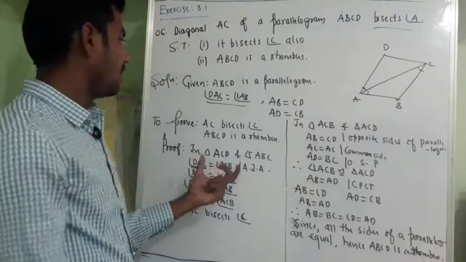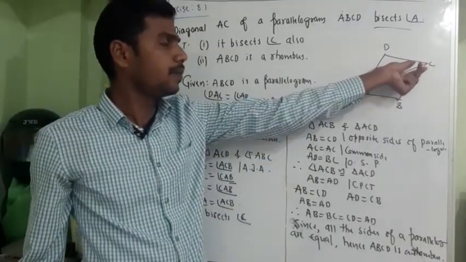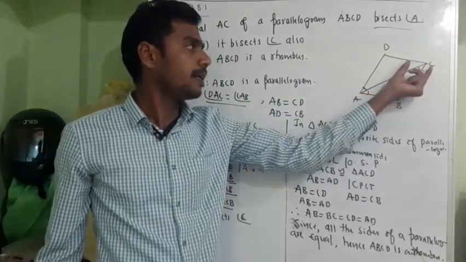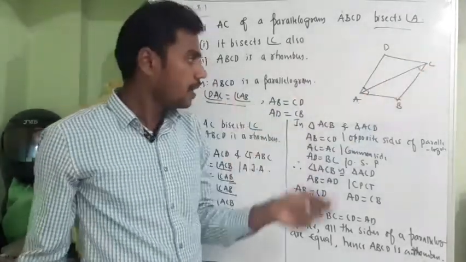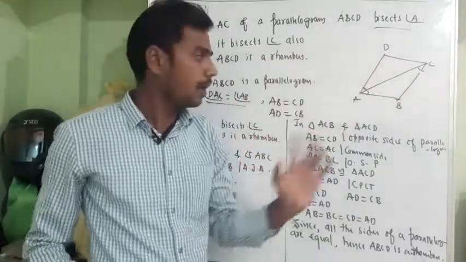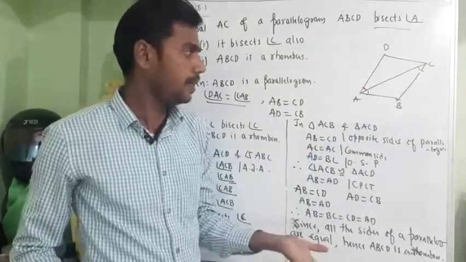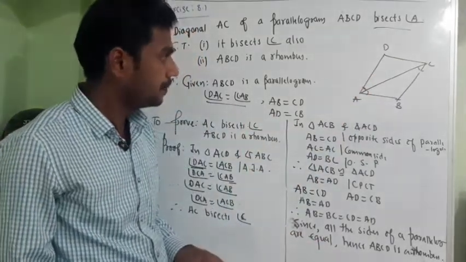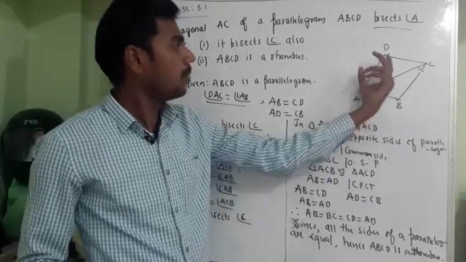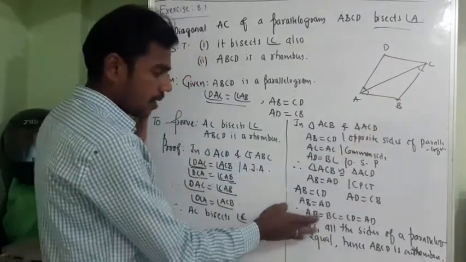So what we did: one thing, we proved these two angles are equal. Then if those two angles are equal, what does it convey? AC is the bisector of angle C. Then using these two triangles, we showed those two triangles are congruent. That is the reason I wrote AB is equal to AD, because of CPCT.